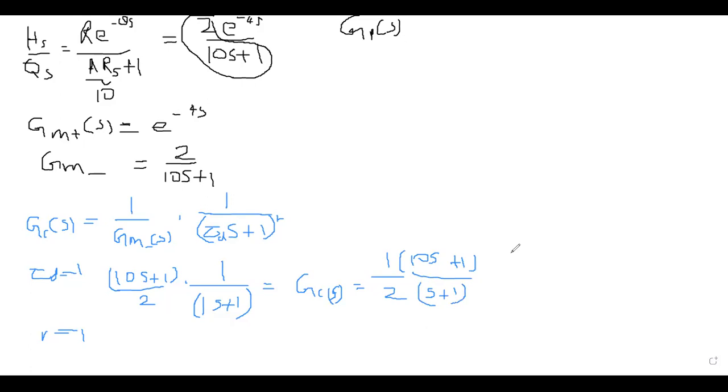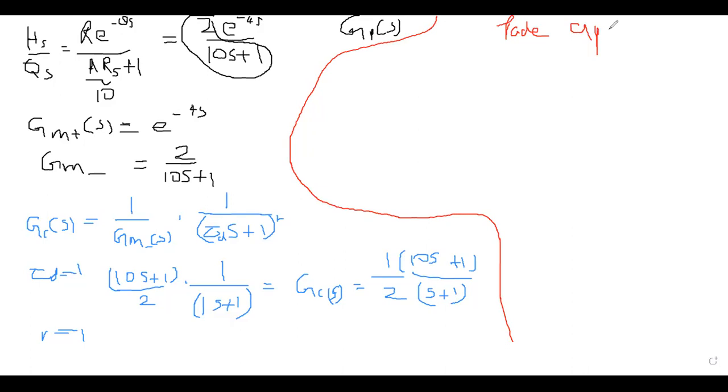Now there's something called a pade approximation that we use here. The approximation has two forms, right? We use the approximation on an exponential. We have 1 to 1, 2 to 2.